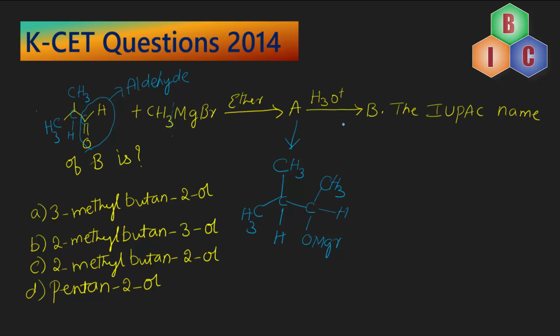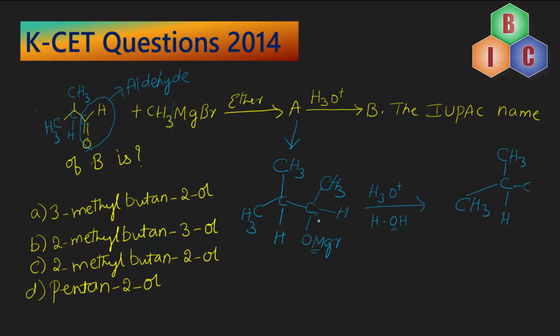Now this is further subjected to treatment with acid hydrolysis. Now what's going to happen? H3O plus. So I'll write it for convenience as HOH. Now what happens here with HOH? The CH3 linked with carbon, CH3, there is an H, next carbon, this carbon.